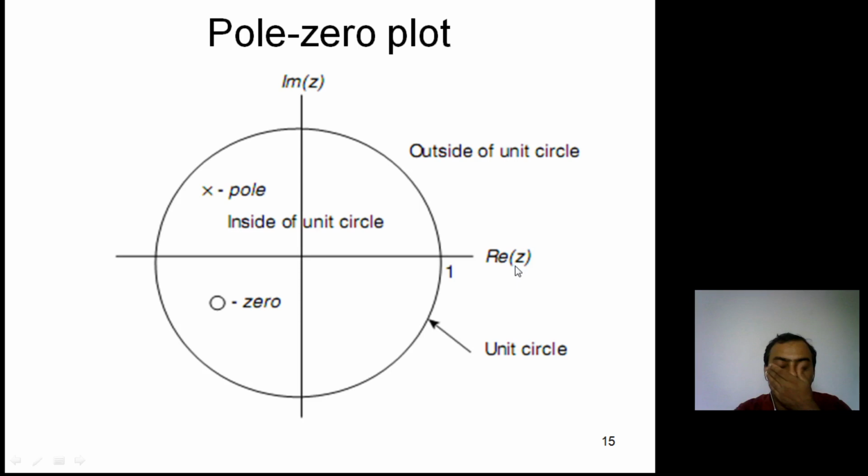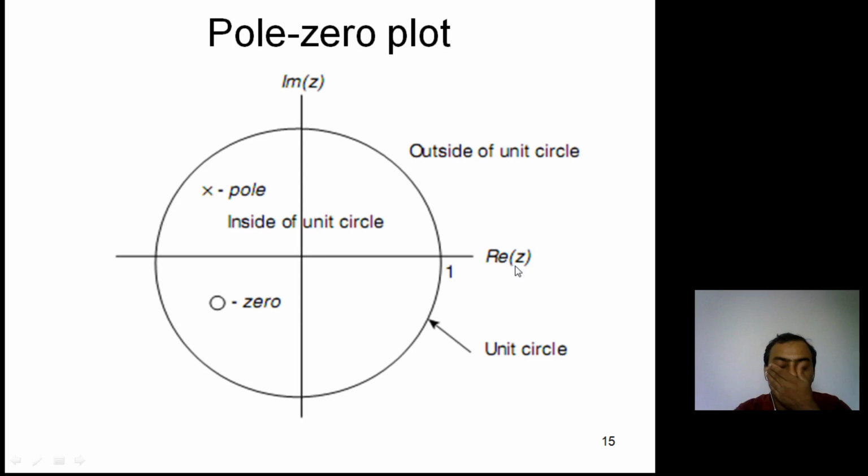If a pole lies inside it, the system is stable, otherwise unstable. We will see this later, in this slide also: here we study system stability. On the basis of poles and zeros we can say whether the system is stable. Basically, the position of poles affects system stability.